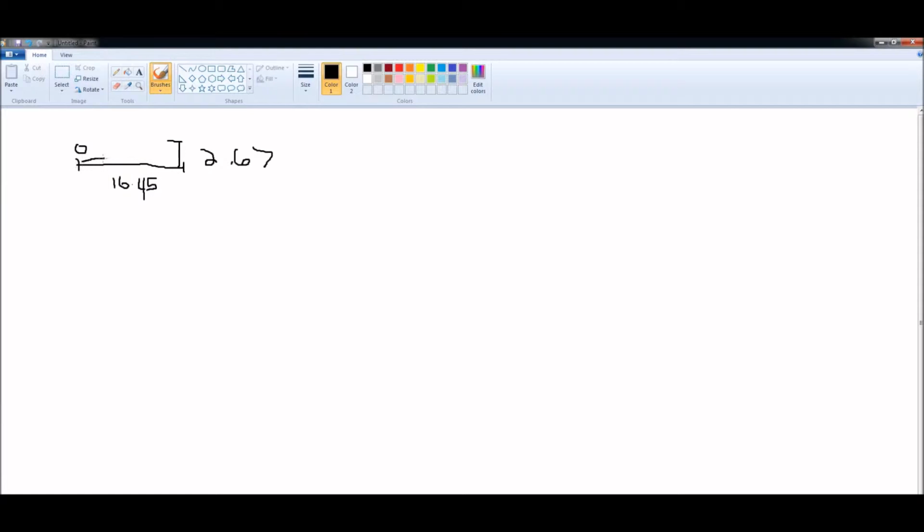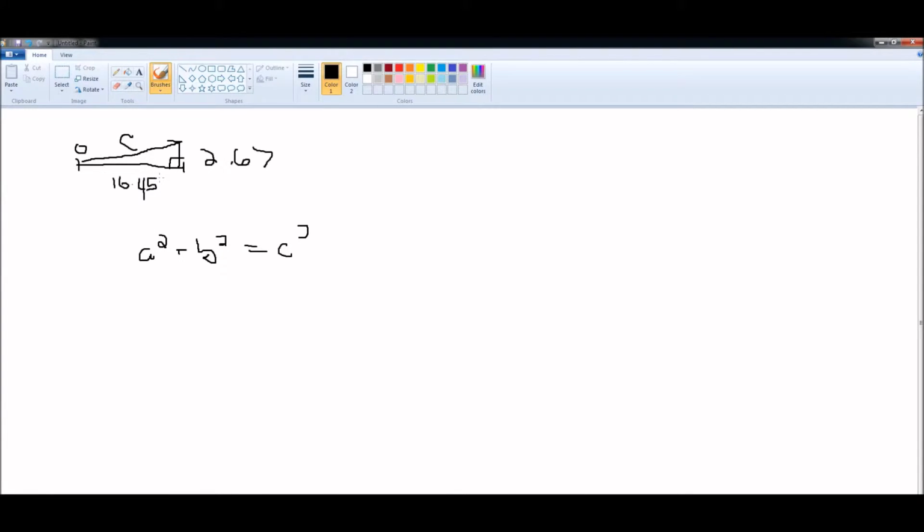And if we connect the path the ball follows, we'll get the hypotenuse, which will give us the distance that the ball has traveled. If we use the Pythagorean theorem, a squared plus b squared equals c squared, this being a, this being b, and the hypotenuse being c.